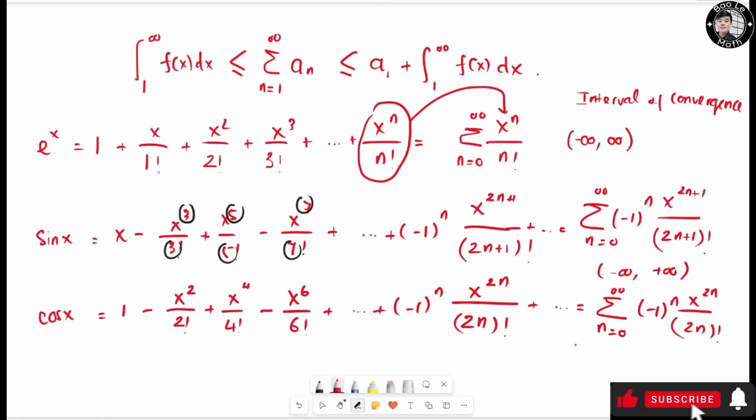The interval of convergence of the series is negative infinity to positive infinity.